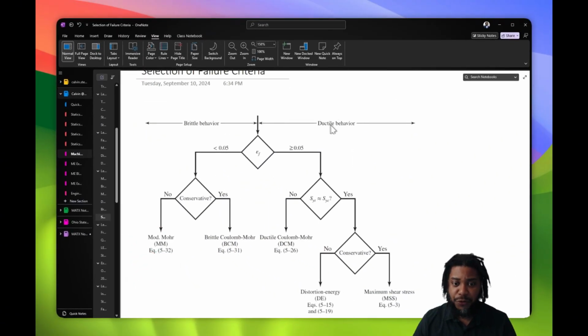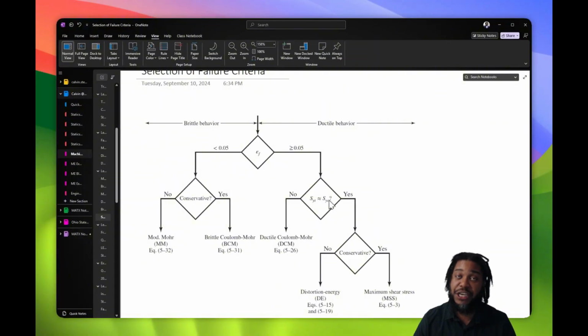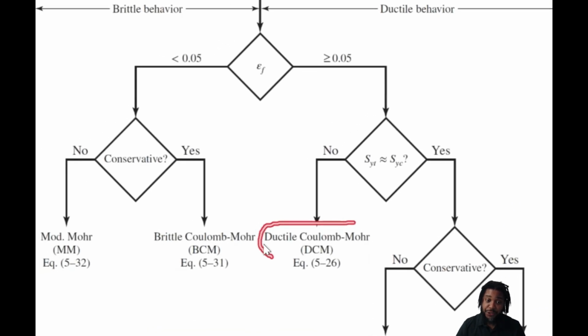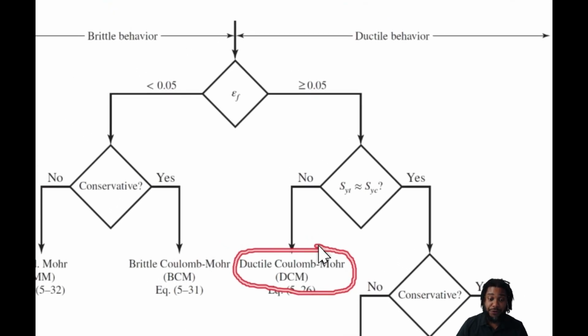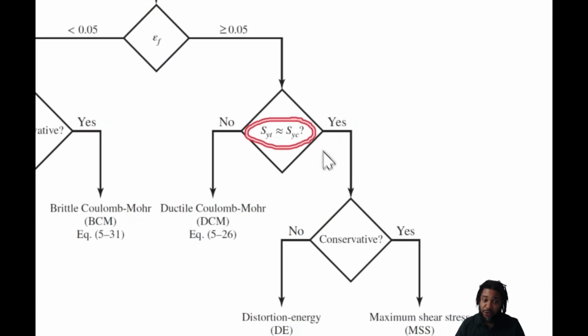For ductile materials, we have to ask ourselves, is the yield strength in tension and compression the same? Are they equal to each other? If they're not, if we have tensile compressive asymmetry, then we need to use the Ductile Coulomb Mohr theory. But if they are equal to each other, then we have a choice.